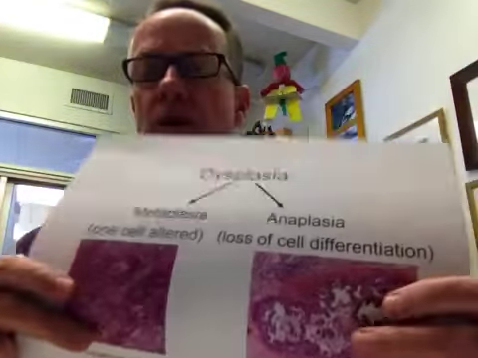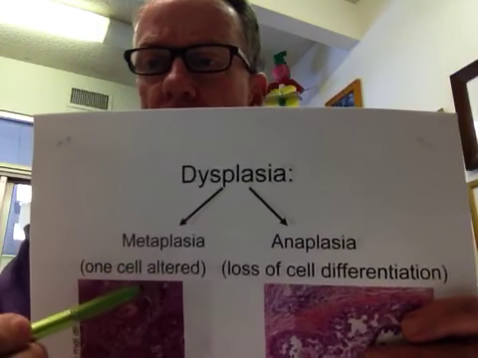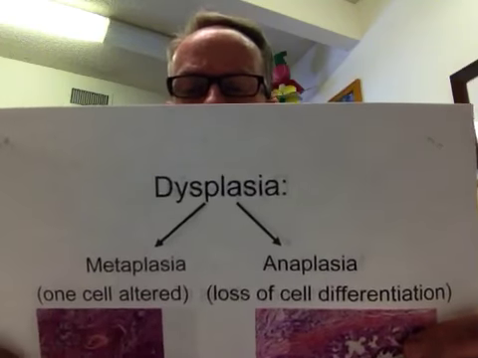So dysplasia, this is a review, begins with metaplasia, one cell involved, and progresses to anaplasia, where there's a loss of cell differentiation.